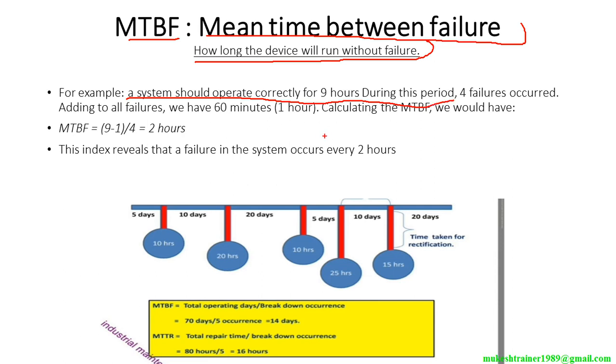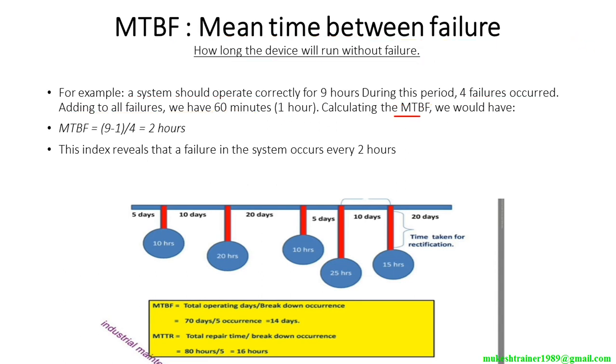During this period, 4 failures occurred, adding up to 60 minutes, 1 hour of downtime. Calculating the MTBF, we take 9 minus 1, 8 hours of operation, and 4 failures occurred, so 8 divided by 4 equals 2 hours. So exactly after 2 hours a failure comes. That is how we can calculate it.